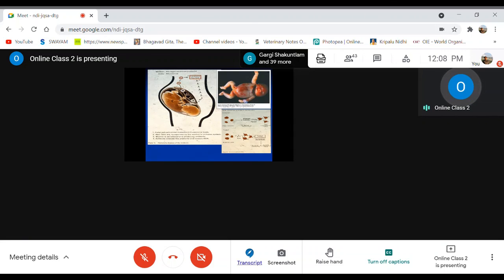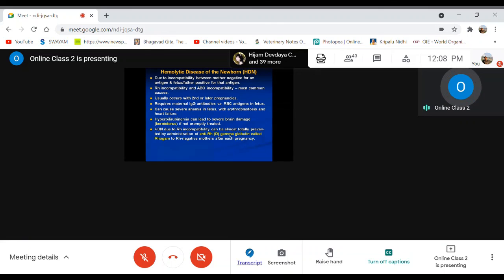This occurs when the parents, the father and the mother, have different blood group antigens, most commonly the Rh factor. The father is Rh positive while the mother is Rh negative. That happens in humans.